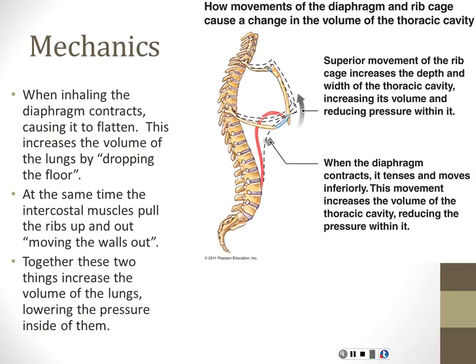Lungs. So the diaphragm sits there in the bottom of the chest. And when we take a breath in, the diaphragm flattens. It goes from dome-shaped to flat. In our picture here, they're showing this to you from the side. So there's the dome, and then there's the flat.